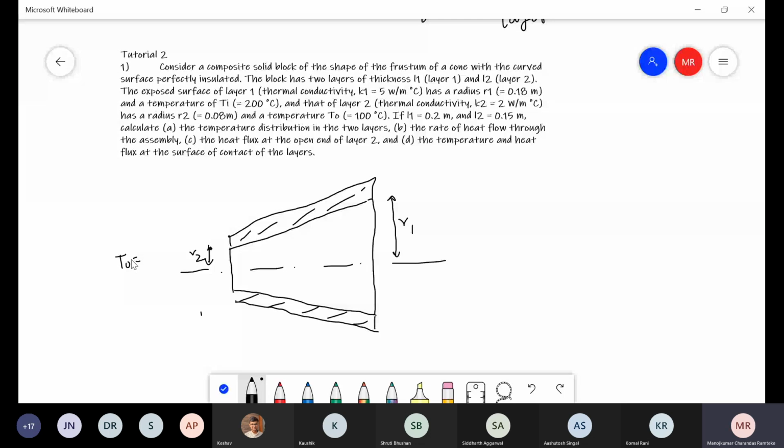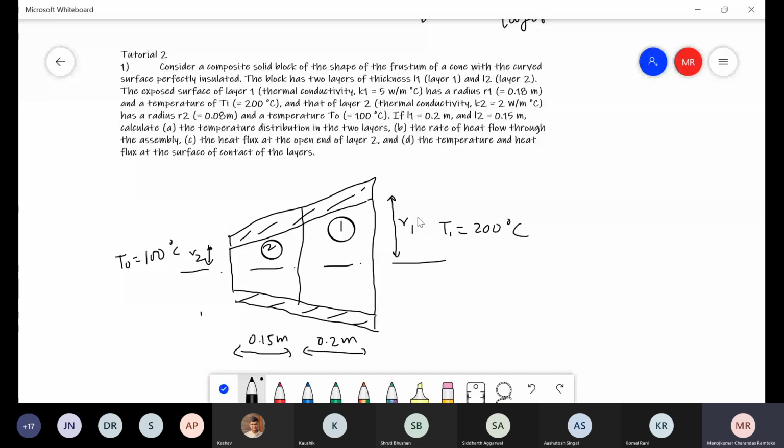And it is made up of two layers. So there is a layer 1 and layer 2. This thickness is 0.15 meter and this thickness is 0.2 meter.